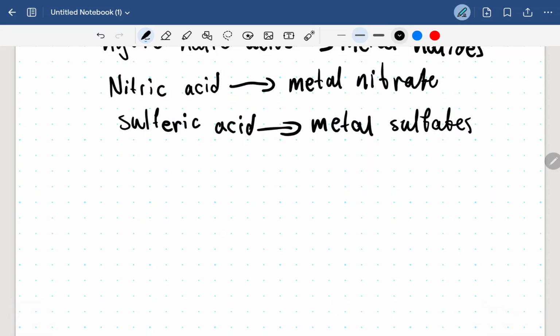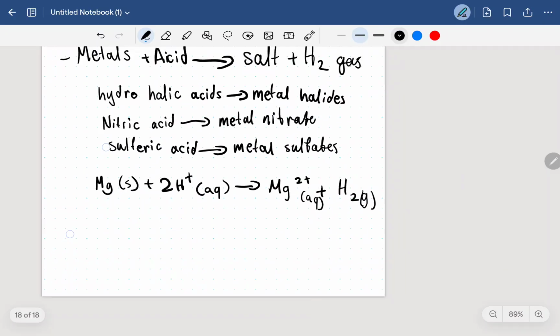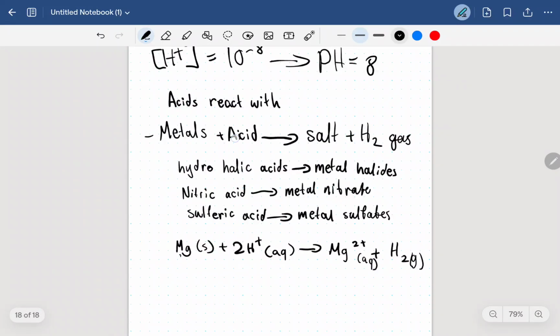Now, I'm gonna give you the net ionic equation for acids with metals. Let's imagine the metal being Mg. Mg as a solid is gonna react with 2H plus, aqueous, to give off Mg 2 plus and H2 gas, because we said a metal plus an acid.